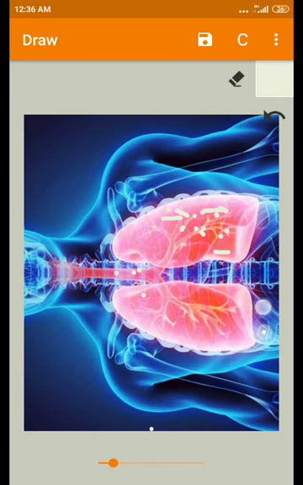Along with the flattened diaphragm, there is an increase in AP diameter of the hyperinflated thorax, which leads to barrel chest in the upper rib cage.